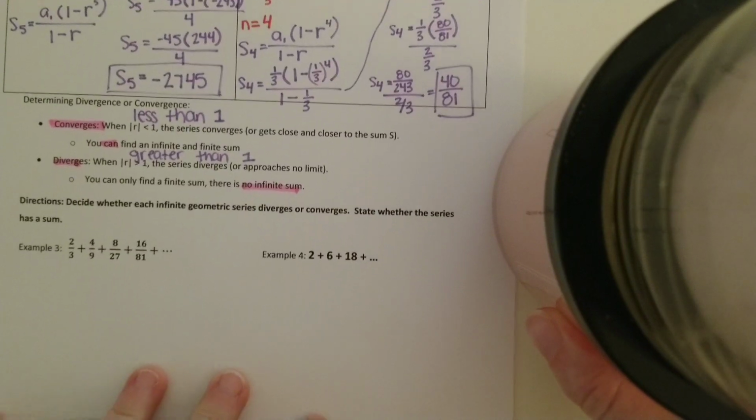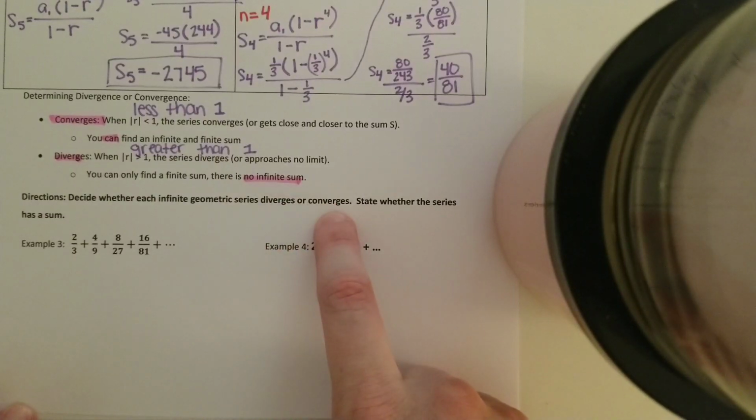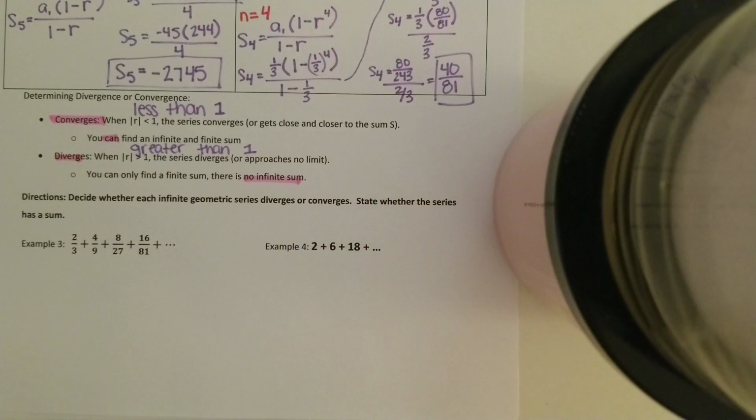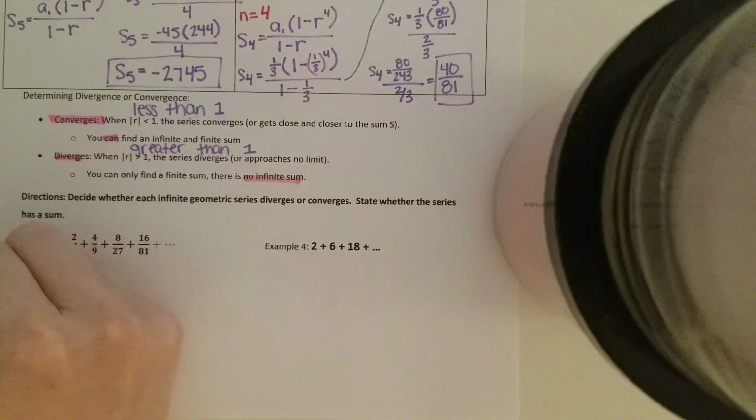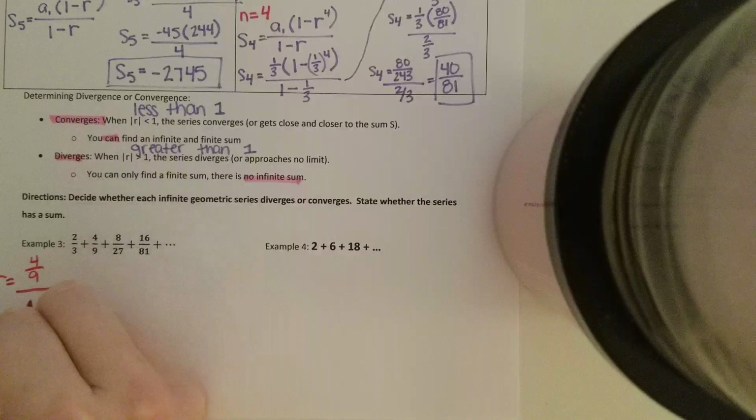So all we're going to do for this last example, 3 and 4 right here, is decide whether it diverges or converges and state if we can have a sum or not. So we got to find our R value. When finding an R value, you got to divide the first 2 terms. So R equals 4 over 9 divided by 2/3.